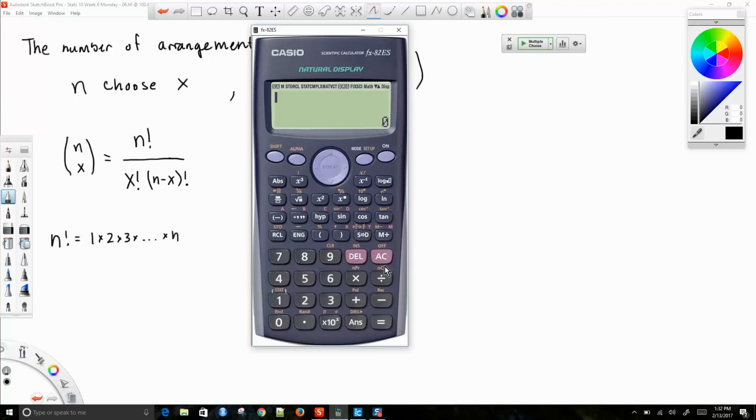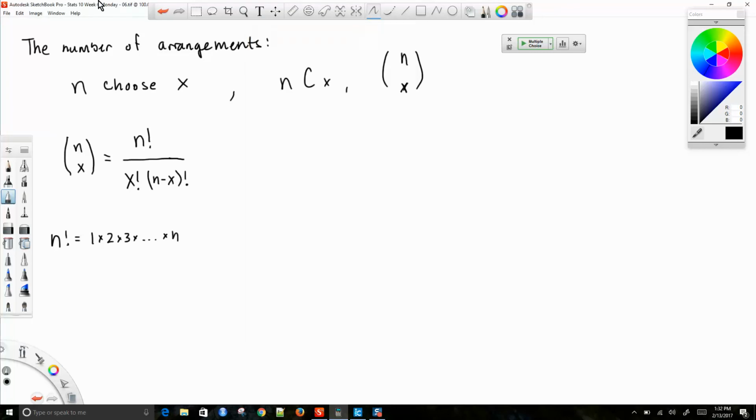I could do 5 shift divide key 3, the 5 choose 3, which is 5 flips where I want 3 of them to be heads. This says there are 10 arrangements. Look for an nCr button on your calculator.